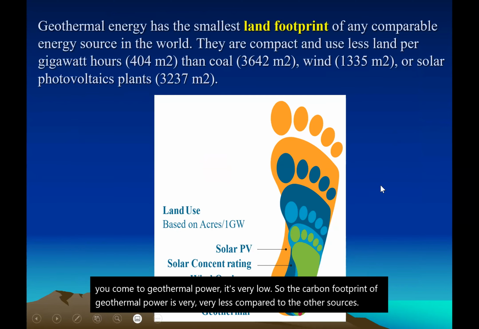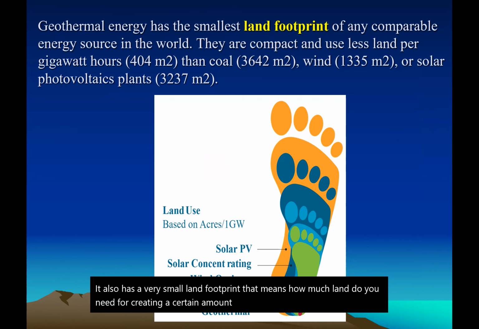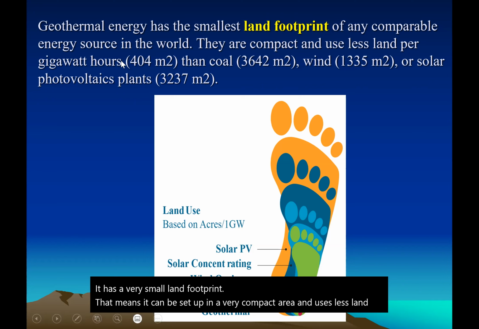It also has a very small land footprint. That means how much land do you need for creating a certain amount of energy? Geothermal energy has a very small land footprint. That means it can be set up in a very compact area and uses less land per gigawatt hours.